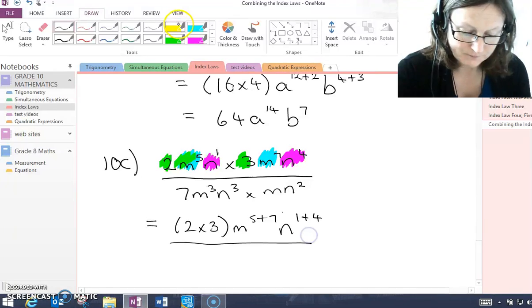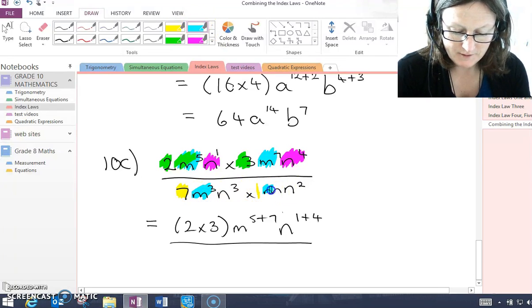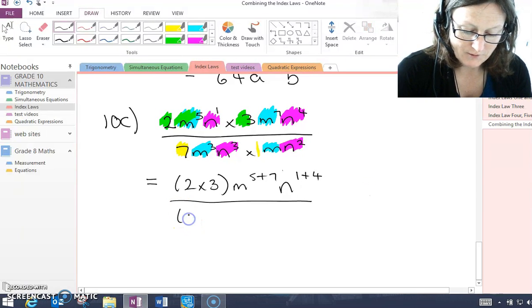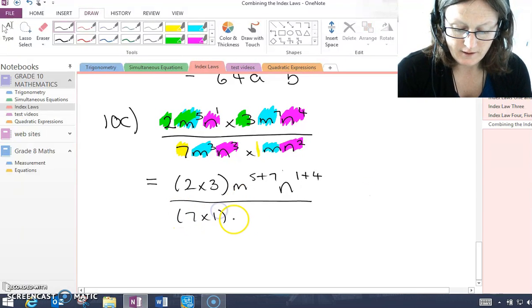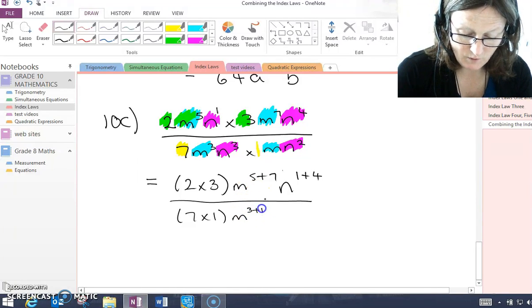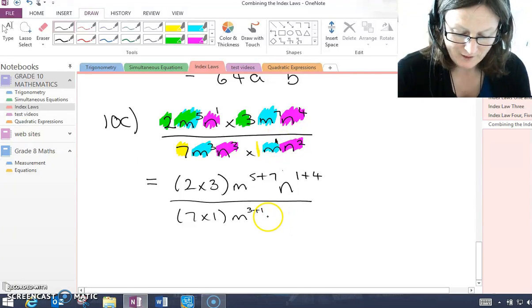Looking at the bottom, I've got 7 times by 1. There's my m's, there's my n's. So now I'm just looking at the bottom, I've got 7 times 1, m to the 3 plus 1, remembering there's a 1 there, n to the 3 plus 2.